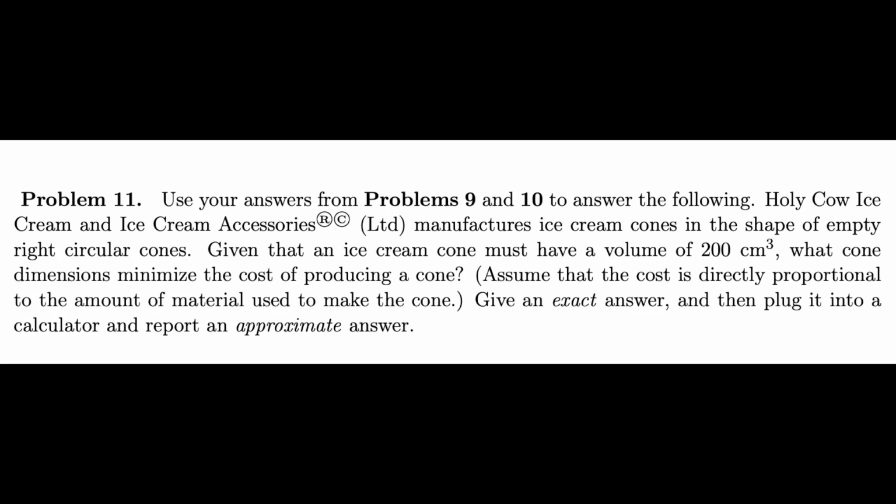Given that an ice cream cone must have a volume of 200 cubic centimeters, what cone dimensions minimize the cost of producing a cone? Assume that the cost is directly proportional to the amount of material used to make the cone. Give an exact answer, then plug it into a calculator and report an approximate answer.